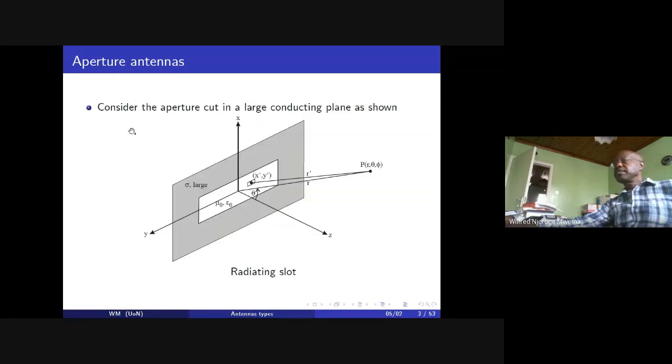So we are going to consider a large conducting sheet of metal in which we have cut out a slot of that nature there.